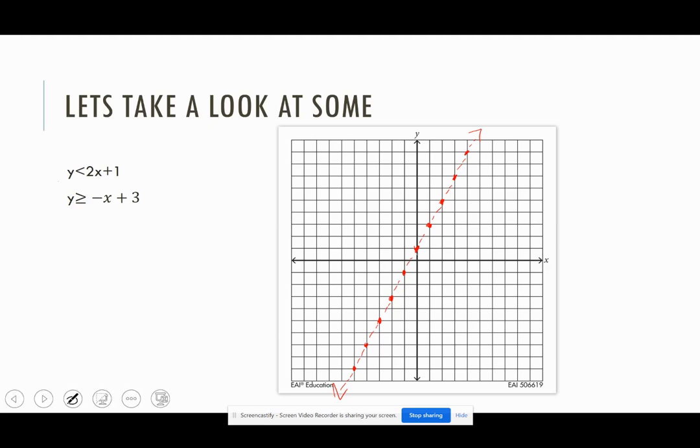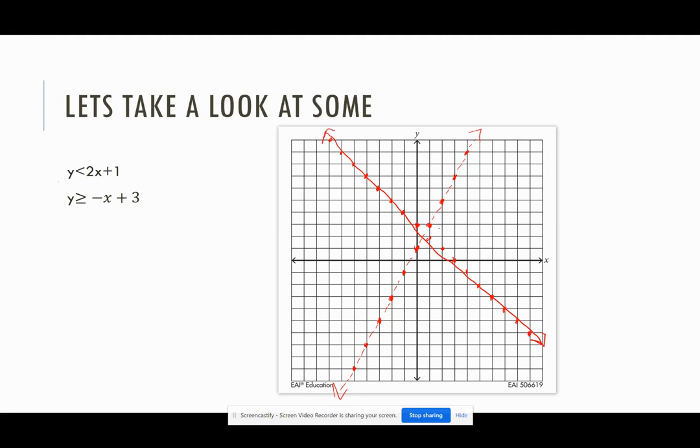Negative x plus 3. So go up 1, 2, 3. And it's a negative, so we're going to go this way. All right, so this becomes a solid line.